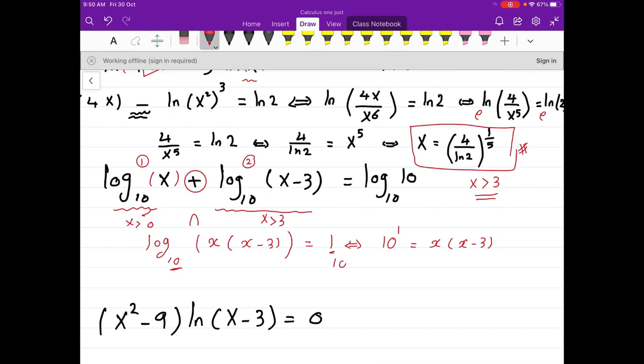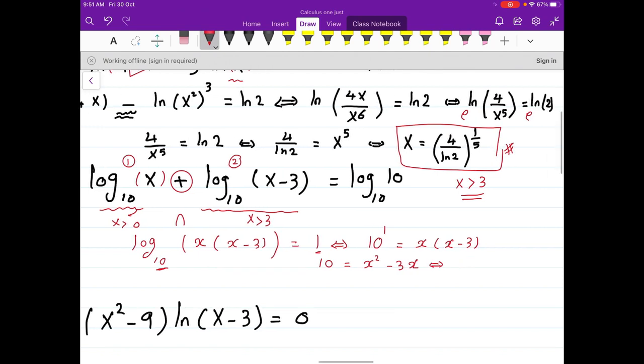Solve the equation: 10 equals x squared minus 3x.